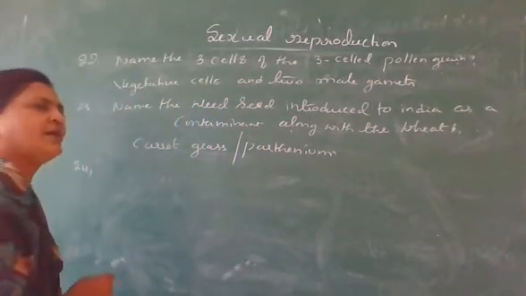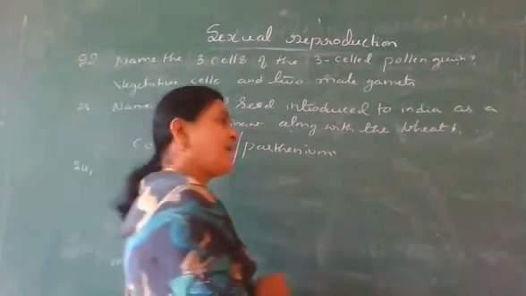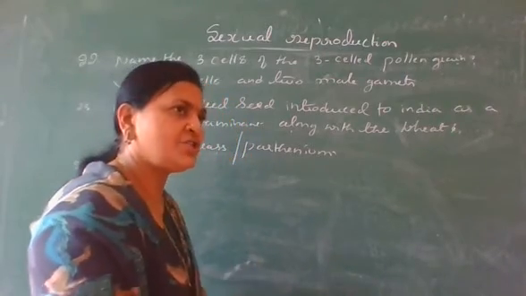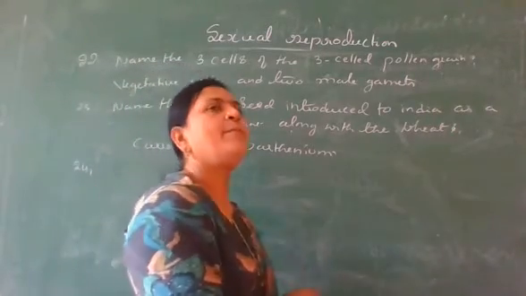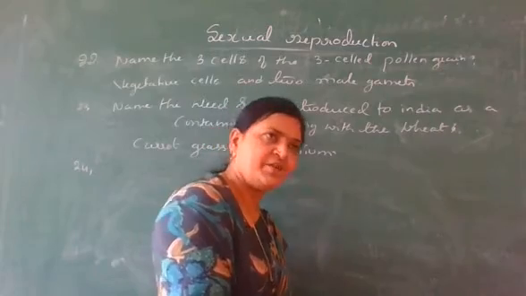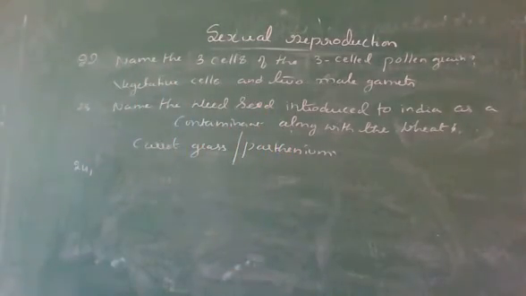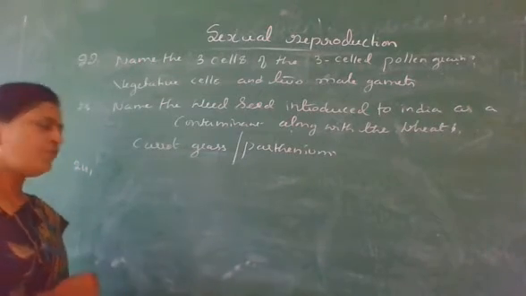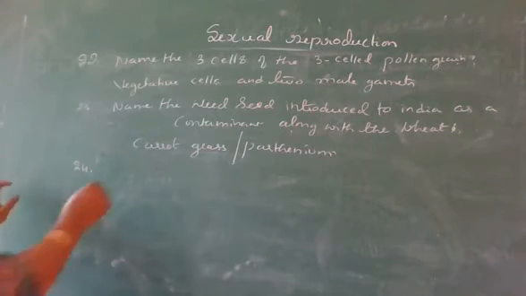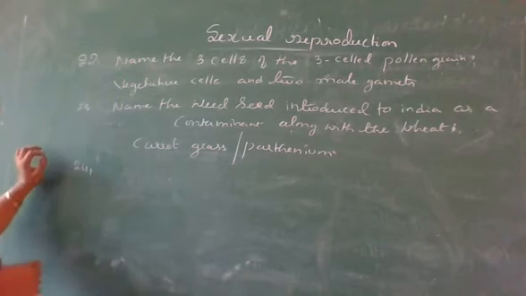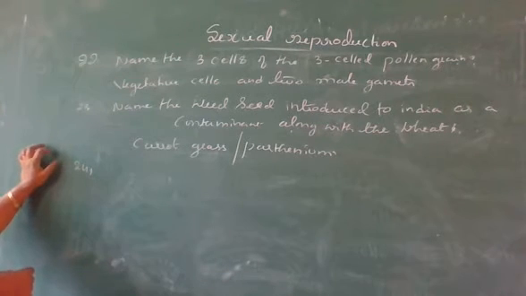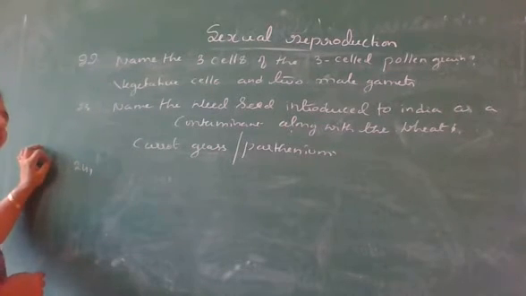Next is the female reproductive part, gynoecium. In that, the megasporangium. Megasporangium is also called what? Ovule. Now, the next important 1 mark question in megasporangium or ovule.